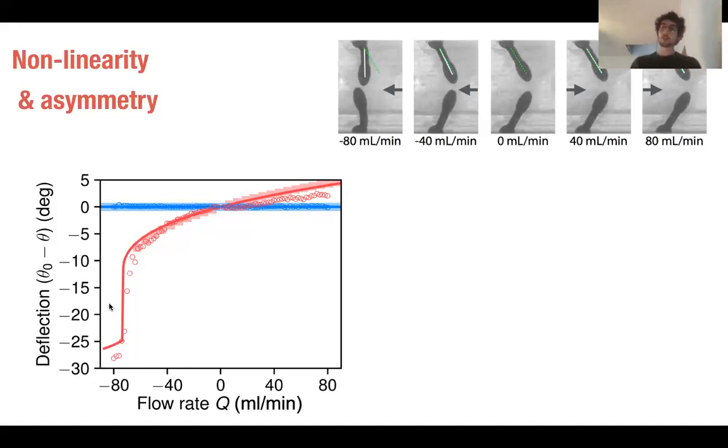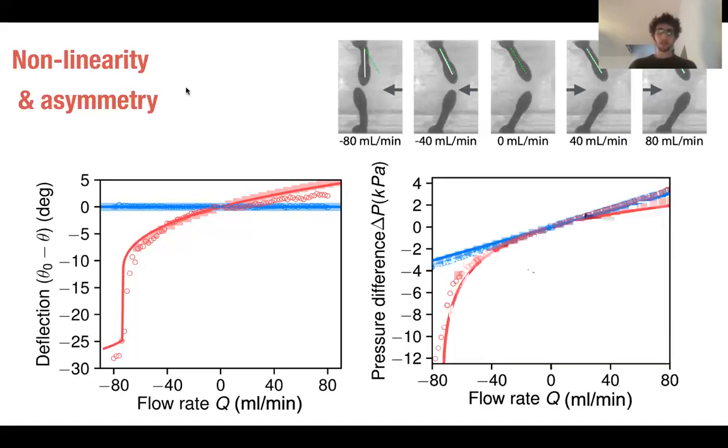Beyond those deformations, you can, of course, as well measure difference of pressure as a function of this flow rate. And that's what I'm showing here. So here we can first look at the blue experiments. What I have to specify here is that we are working at low Reynolds number. So of course, if this object is not deforming with the flow, we're expecting that this pressure difference is going linearly with the flow rate. But then as soon as this object is able to deform, what we observe is that we obtain those nonlinearities here that relate the pressure difference to the flow rate.